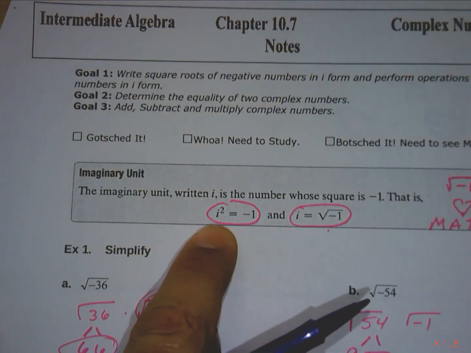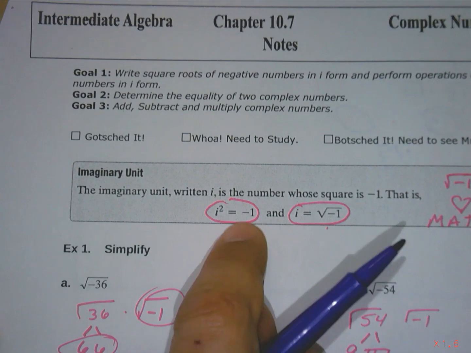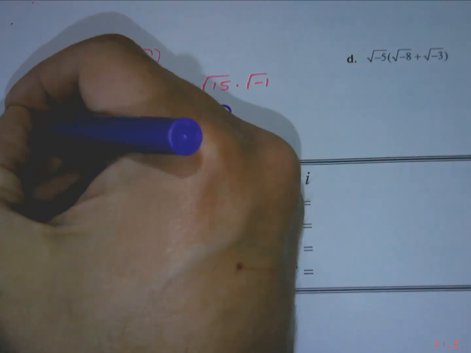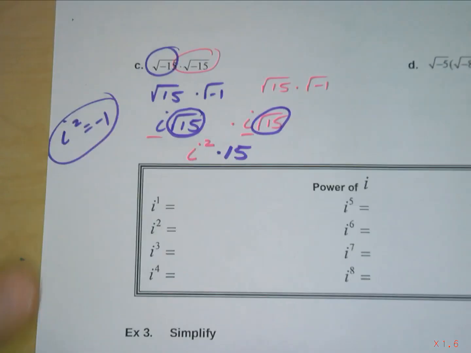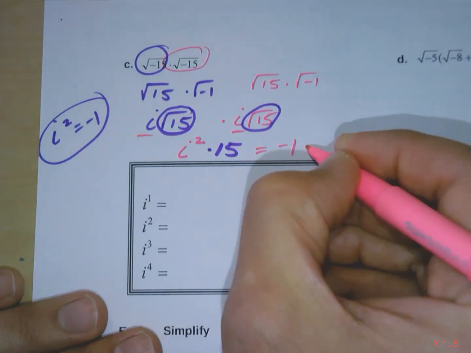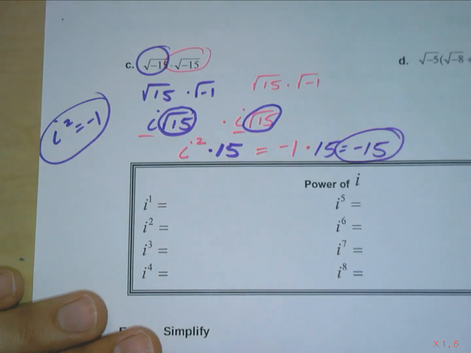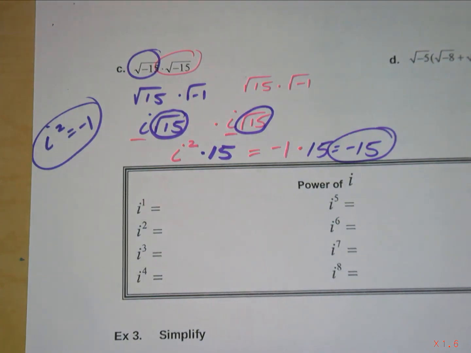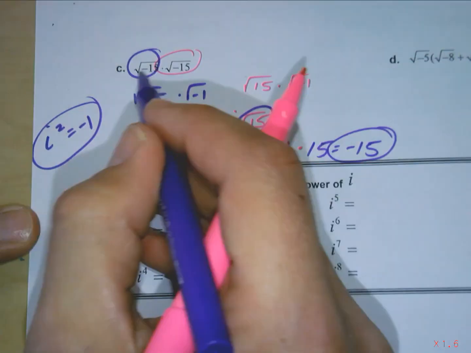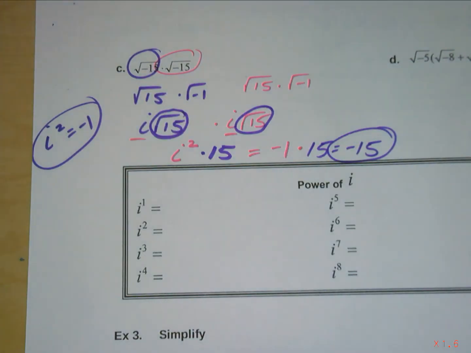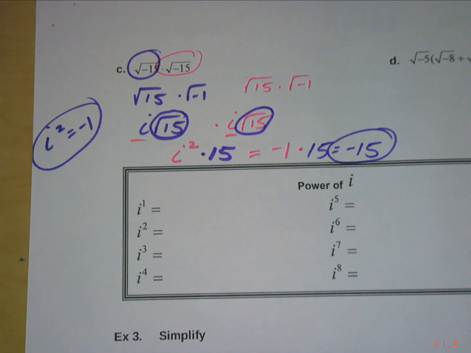We said that i squared is negative 1. So that's negative 1 times 15, which is negative 15. So that one's kind of silly. Anytime you're multiplying two square roots and they're both negative, you're going to get i times i, which is i squared, which is negative 1. You're going to get a negative number, essentially.